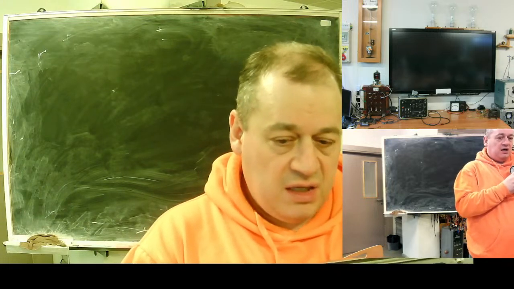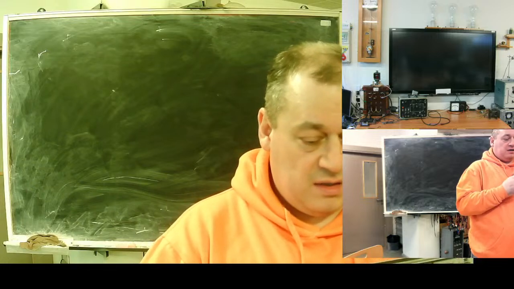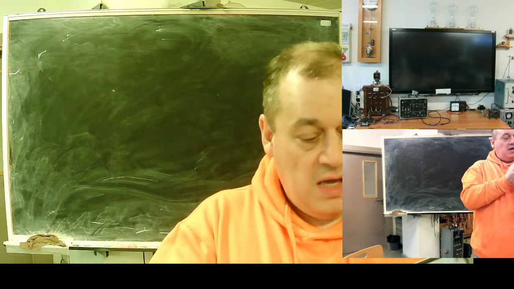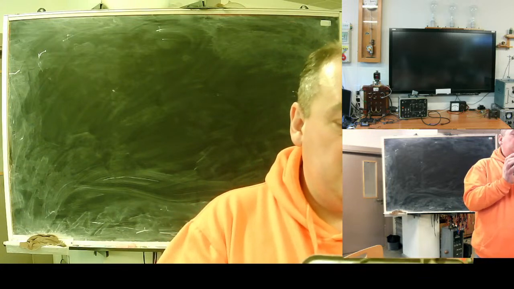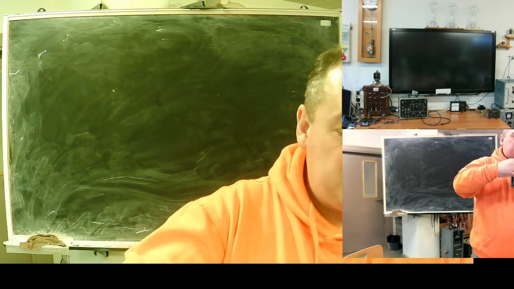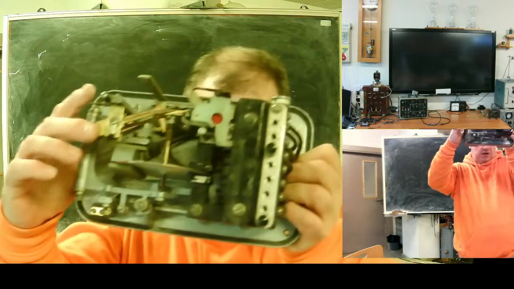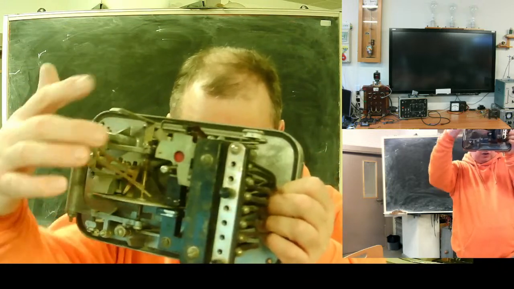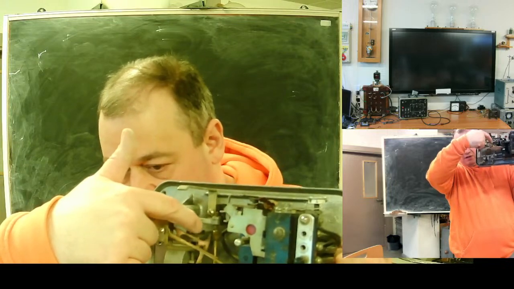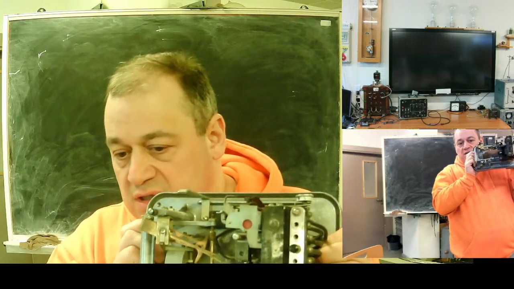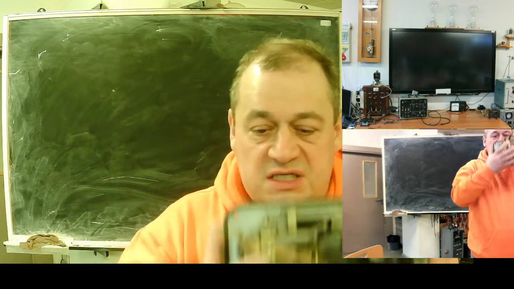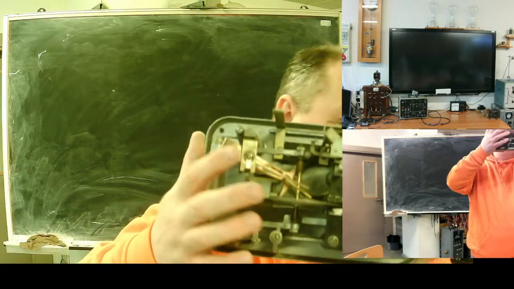Rotation speed is dependent on current, but on small currents the disk is in a retracted position and does not couple with this arm here. A toothed arm, and we have a spiral on the shaft of the disk. At small current, the disk rotates without coupling with the arm.